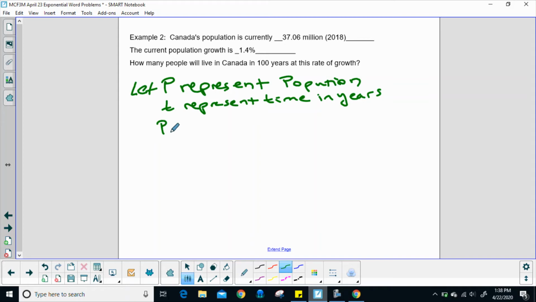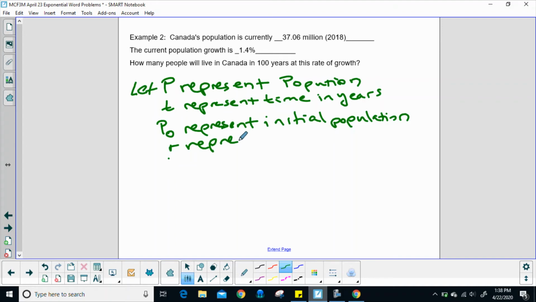Oh, and P with the little 0 at the bottom, that's going to represent my initial population. R is going to represent the growth rate. Okay, so let's figure this out.